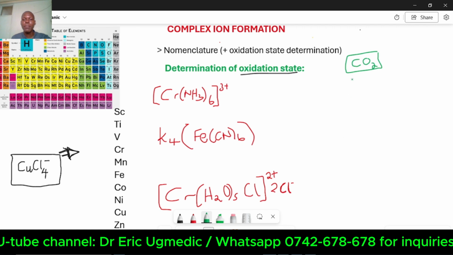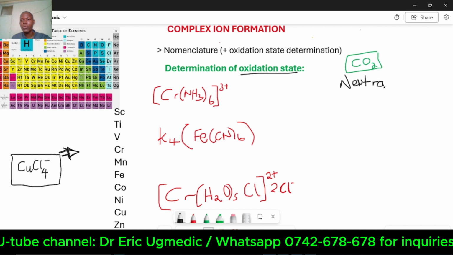I need to do about two or three things. The first one is you must know the type of ligand. What do I mean? Whenever we're looking at this, we shall find that we have neutral ligands. This is what I mean by type.